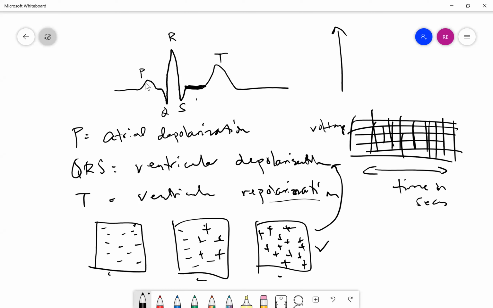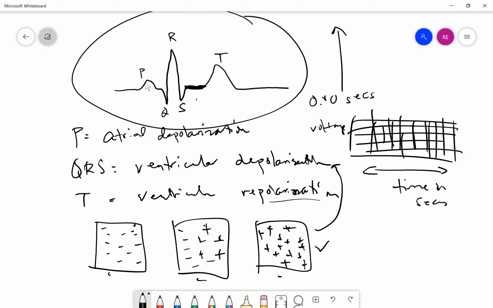For instance, the QRS complex, the actual ventricular contraction, is only about 0.1 seconds. All of these events are occurring very fast. Imagine if you have a minimum of 60 beats a minute, that means the heart has to complete all this within 1 second before it can do the next heartbeat.